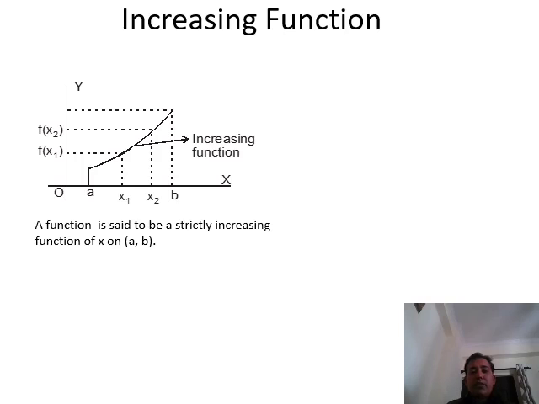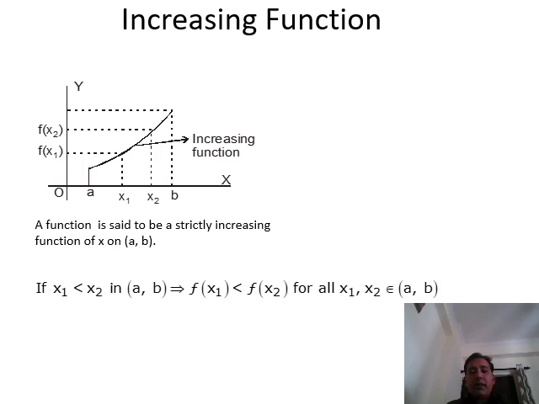A function is said to be a strictly increasing function of x on AB if x1 is less than x2 in AB implies that f(x1) is also less than f(x2) for all x1, x2 belonging to AB. Strictly increasing is also referred to as monotonically increasing.